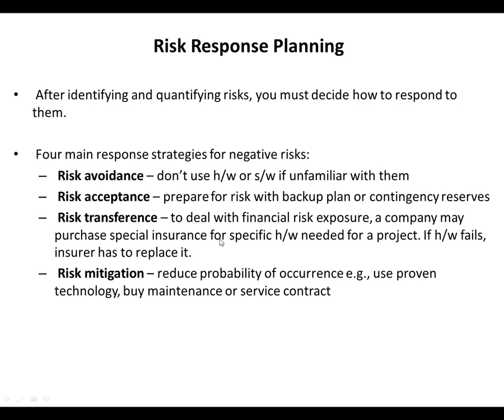There are 4 main response categories for negative risks. If you look at negative risks and positive risks, there are different response categories. It should be, isn't it? We can't treat positive risks in the same way as we do negative risks, because we like positive risks to happen.